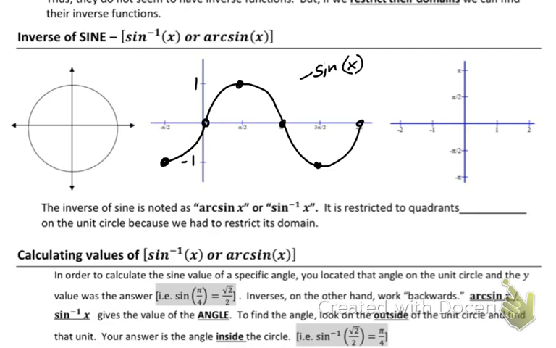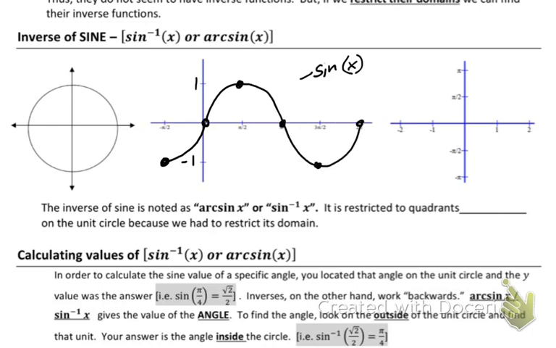Now currently it's not invertible because it doesn't pass the horizontal line test. However, if I just lopped off this stuff here, if I just chopped it right off, I'd be left with something that passes the vertical and the horizontal line test, all right, which makes it invertible.